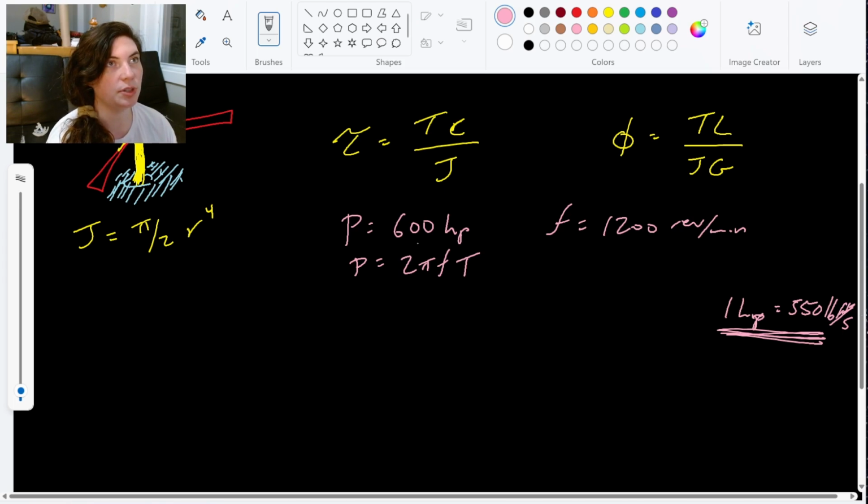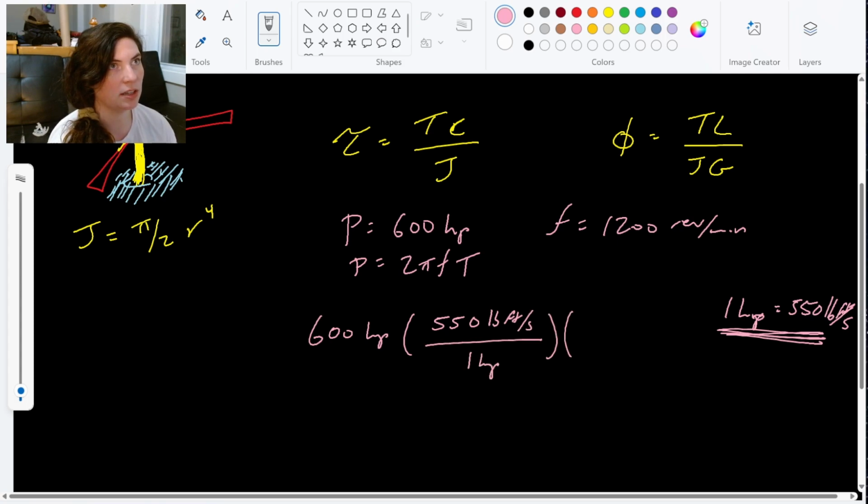So we're going to want to convert this before we get deep in the torque business. 600 horsepower, and 550 pound-feet per second is 1 HP.